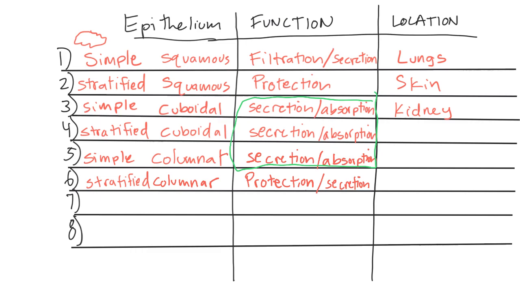All right, and now we have two more that kind of break away from our traditional simple and stratified in shape. Pseudo-stratified columnar. And these are often ciliated, okay? So they often have cilia on them.